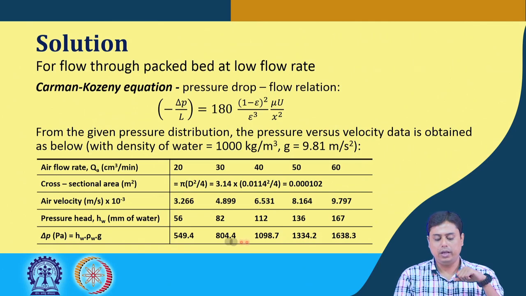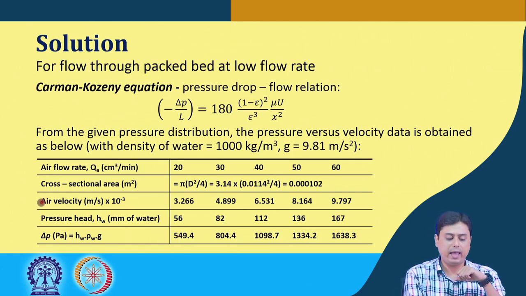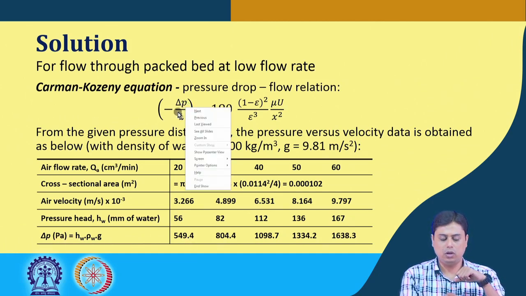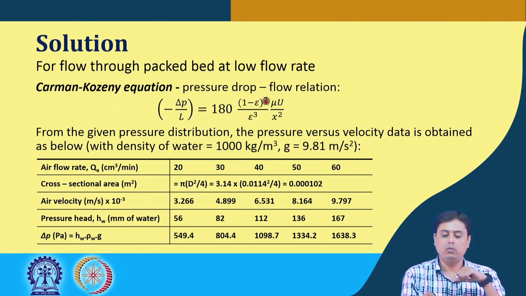So, basically that means now we have the air velocity which is u in this expression, and we have del p of this expression. So, now we have to find out what is the slope. How do we do that? We plot it.